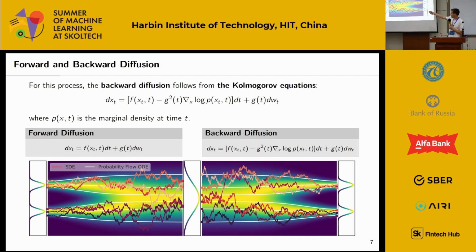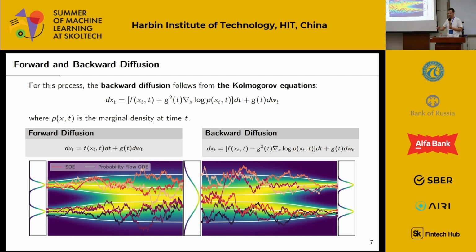Roughly speaking, the forward diffusion shows the evolution of the point x_t in the forward time, when the time flows forward from 0 to some particular time moment capital T. The question is how this evolution can be described in the backward time, when the time flows from capital T to 0.